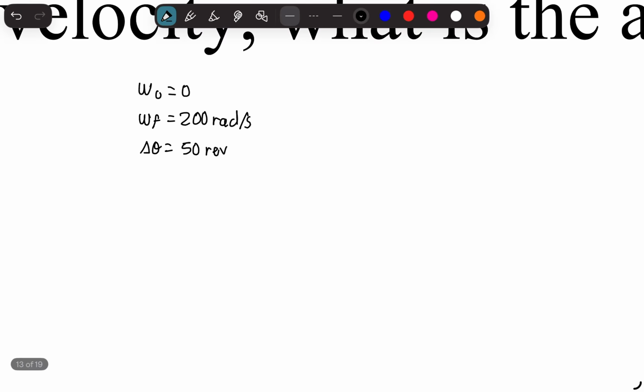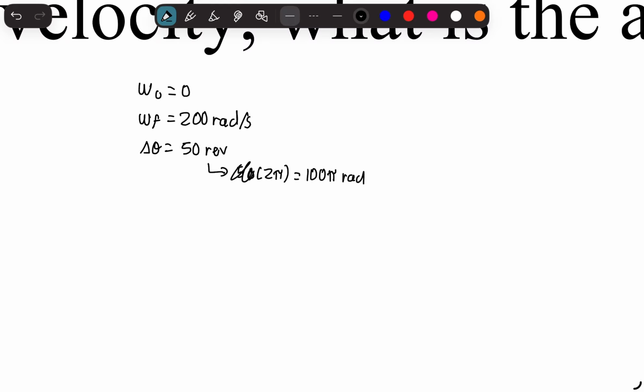So we had that our initial angular velocity was 0, and our final was equal to 20 rad per second. And we knew that the angular displacement was 50 rev. So rev is not the unit you want, so you need to convert that. So that's going to be 50 times 2 pi, which is equal to 100 pi rad.